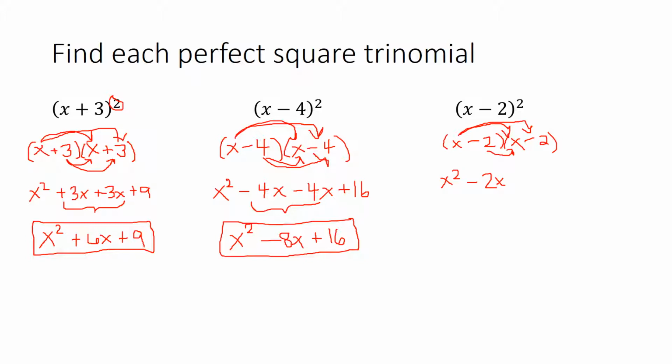After that, we'll multiply the inner two terms. Negative 2 times x is negative 2x. And last, we'll multiply negative 2 times negative 2, which is a positive 4. Once we've finished multiplying, you're simply going to combine like terms in the middle. So our final answer is x squared minus 4x plus 4.